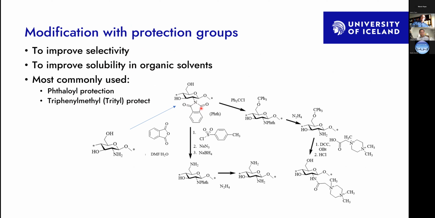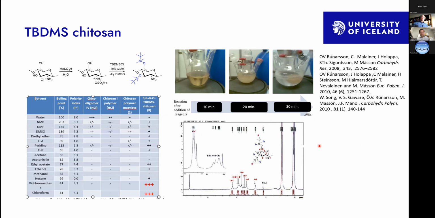First you protect with the phthalimide group, and then you can, for example, do modification on the C6 position without affecting the amino group. Or you can use this to introduce the trityl group to get better solubility in organic solvents, and then do some modification, which we have done. However, we have preferred to use the tert-butyldimethylsilyl protection.